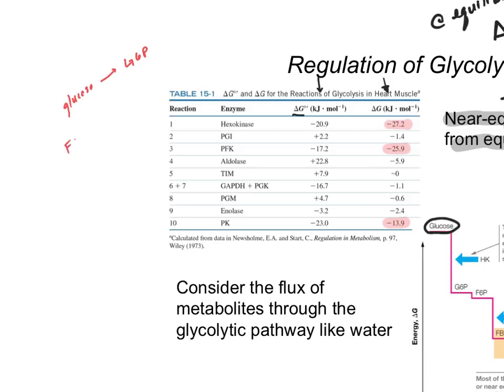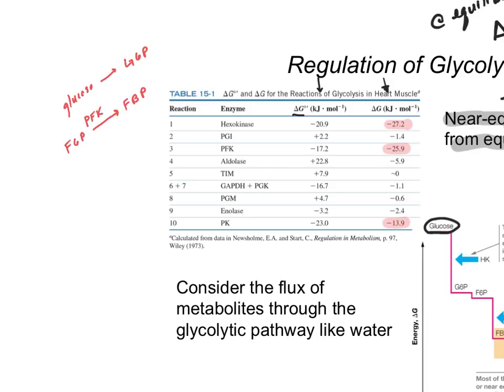It takes fructose 6-phosphate. It's a kinase. Kinases hydrolyze ATP and usually add something. If it's hydrolyzing ATP, it's probably adding a phosphate group to fructose 6-phosphate. So what we come out with is fructose 1,6-bisphosphate. That's what phosphofructokinase does.